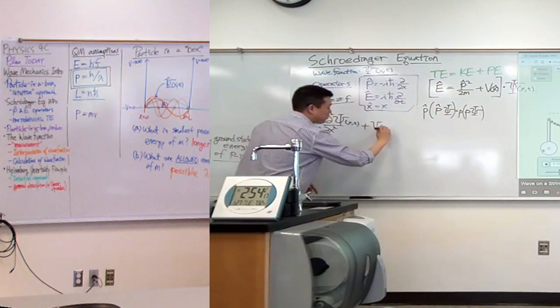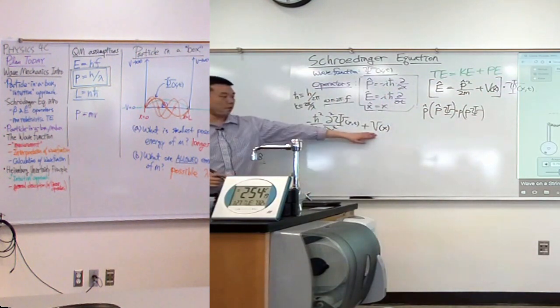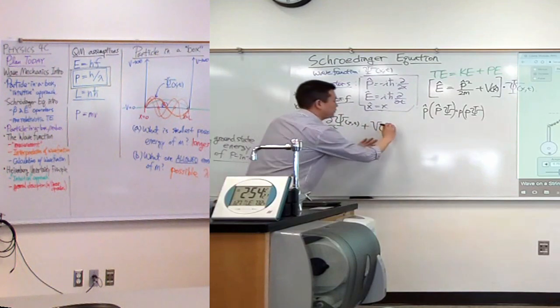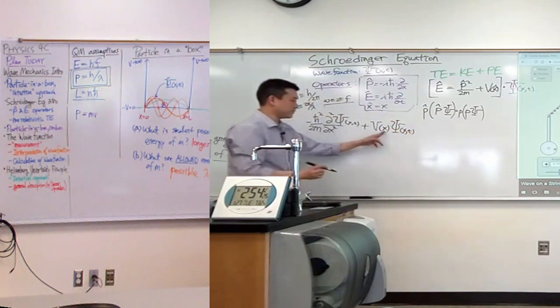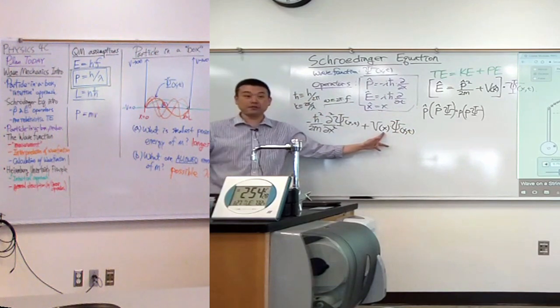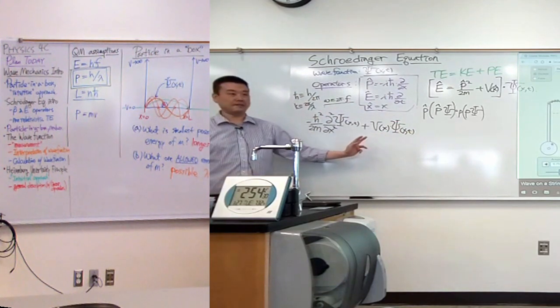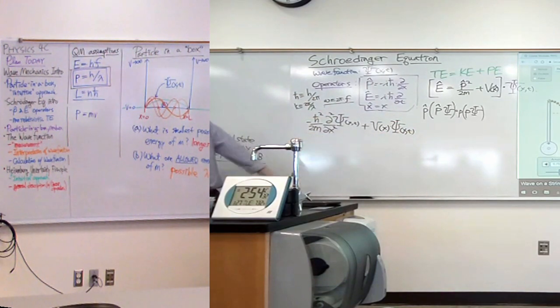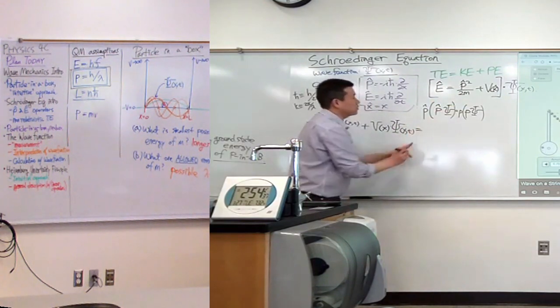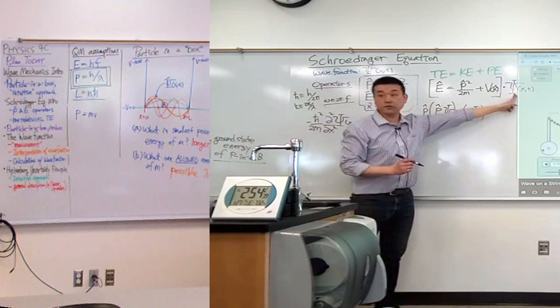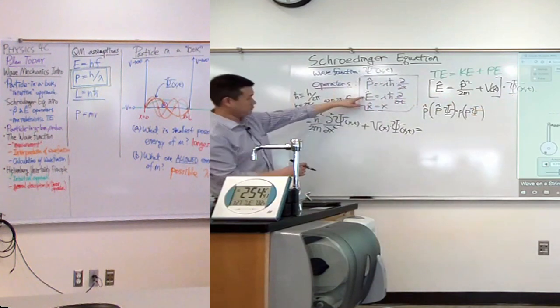So the potential energy operator acts on the wave function, and after you have acted on it, this x now behaves like a variable instead of an operator. So that's the left-hand side, and that's equal to the energy operator acting on the wave function.